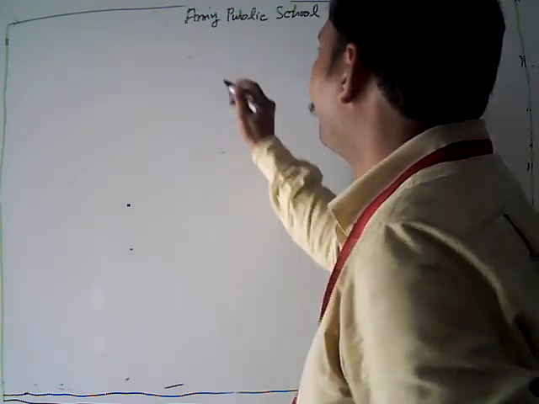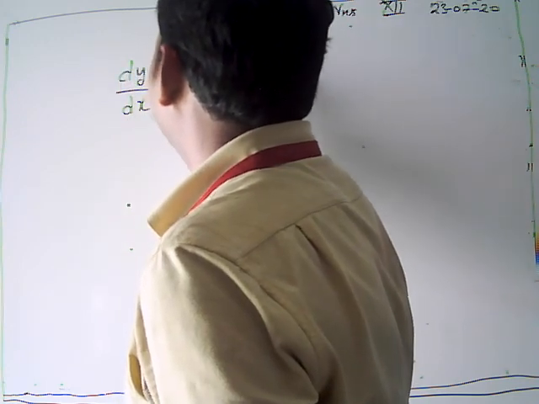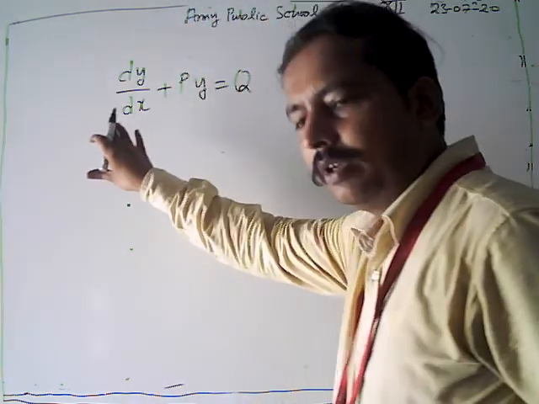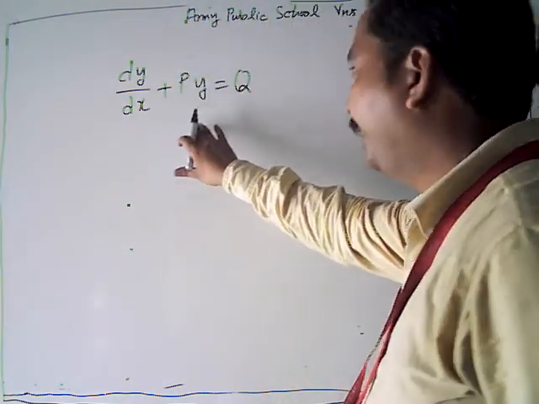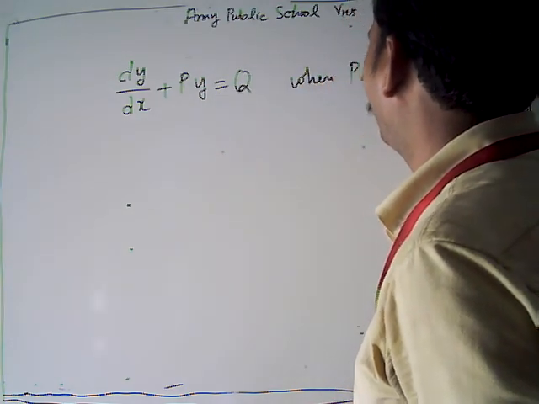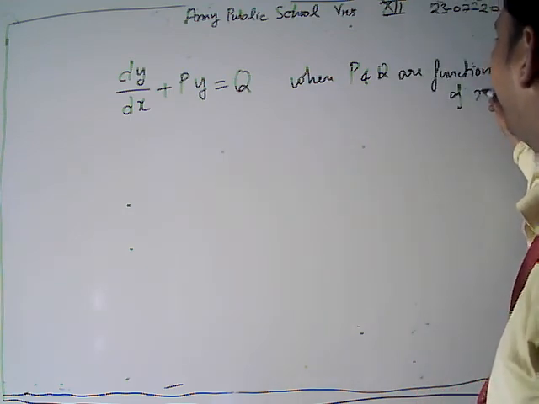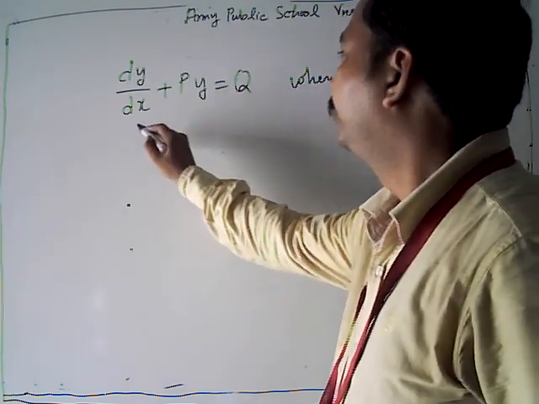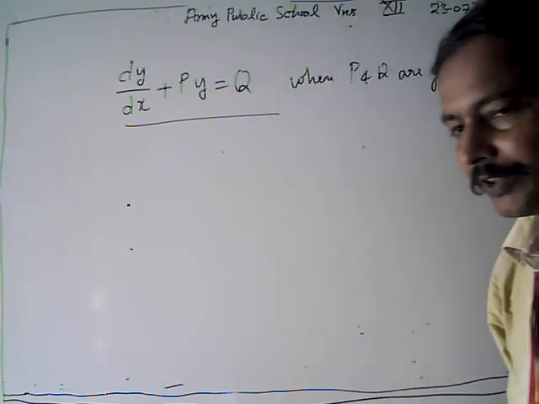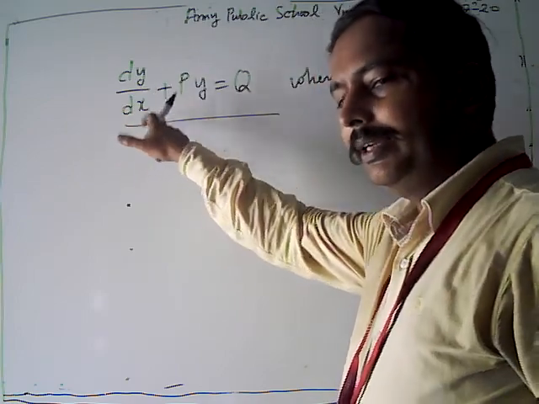Any equation of the type dy/dx + py = q, where p and q are functions of x, is the standard form of a first order linear differential equation, where y is the dependent variable and x is the independent variable.